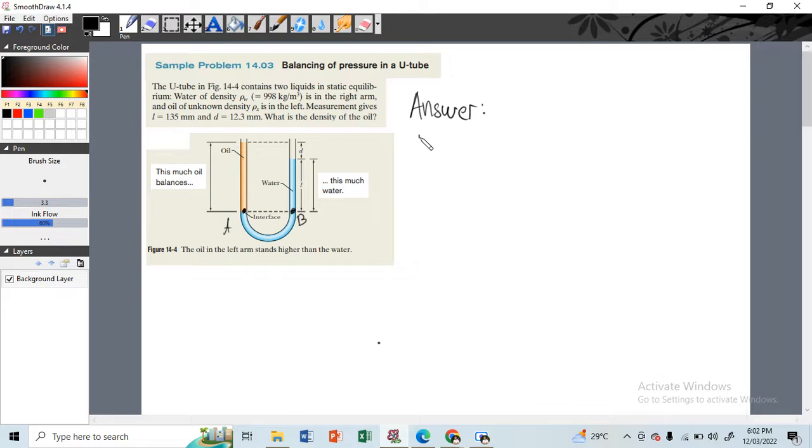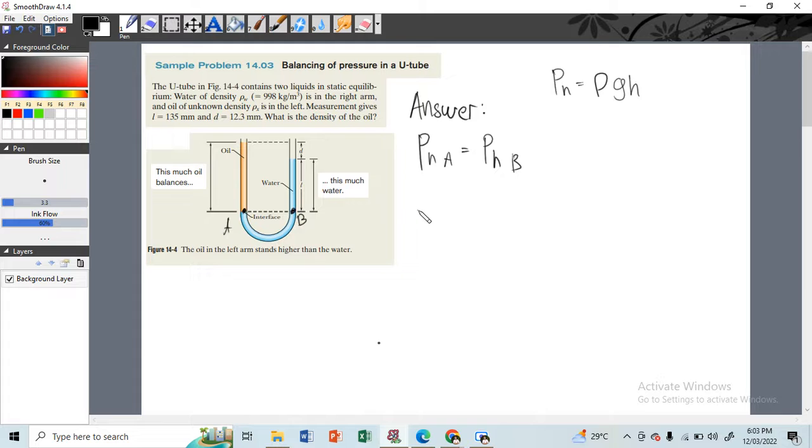The hydrostatic pressure at point A will be the same as the hydrostatic pressure at B. From the equation, hydrostatic pressure is equal to rho, the density of the fluid, times g times h, which is the depth of the fluid.